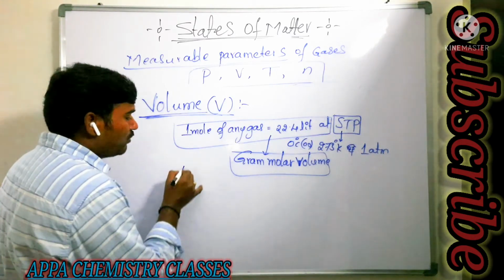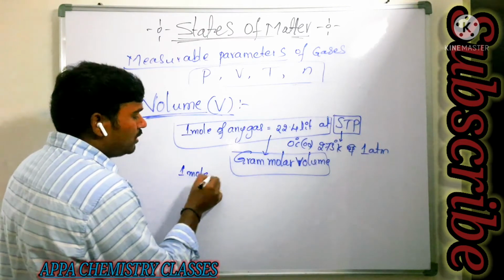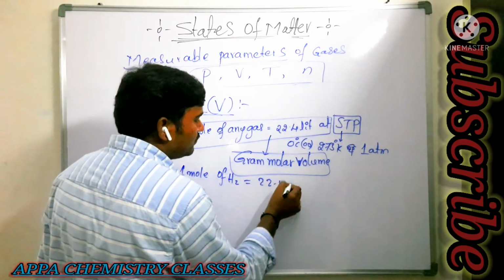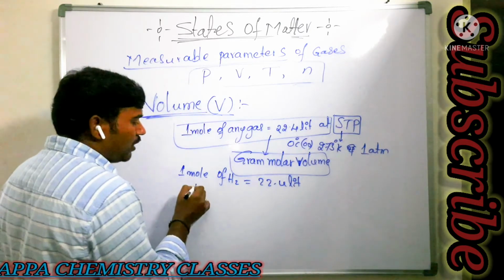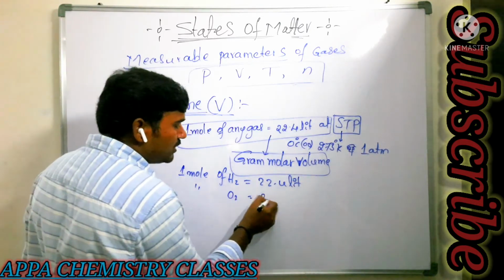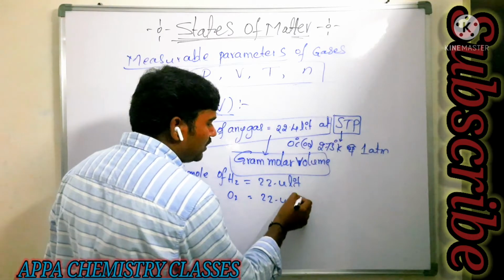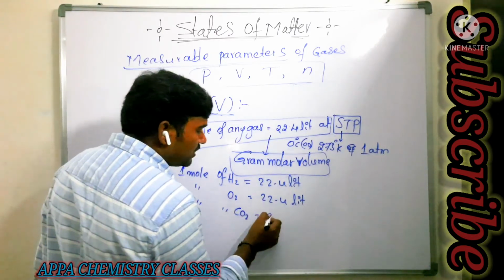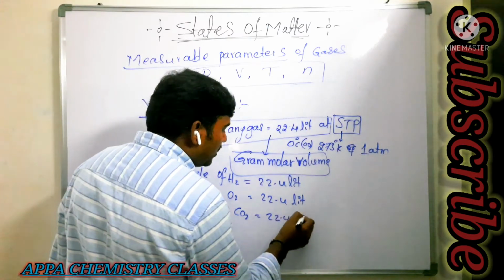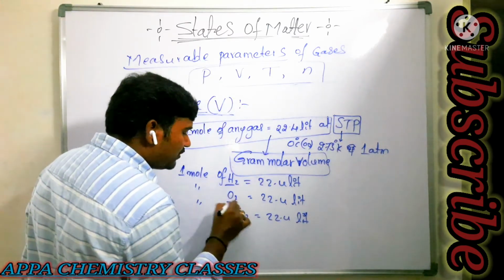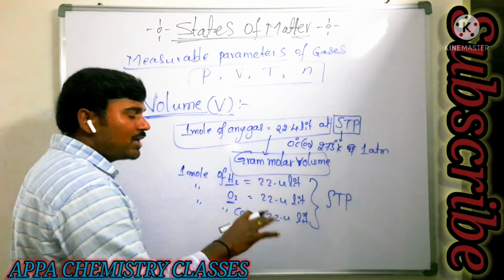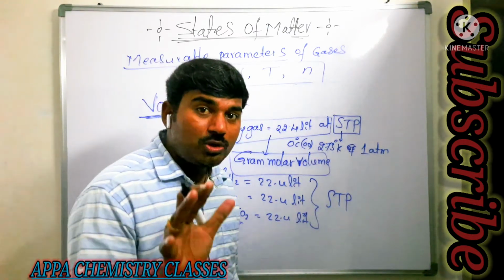If I take 1 mole of hydrogen gas, the volume is 22.4 liter. If I take 1 mole of oxygen gas, it is also 22.4 liter. 1 mole of carbon dioxide gas is also 22.4 liter. So irrespective of the nature of the gas, at STP condition, all gases will occupy 22.4 liter.